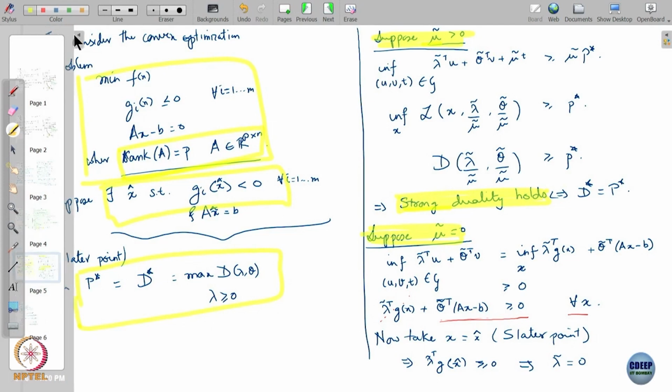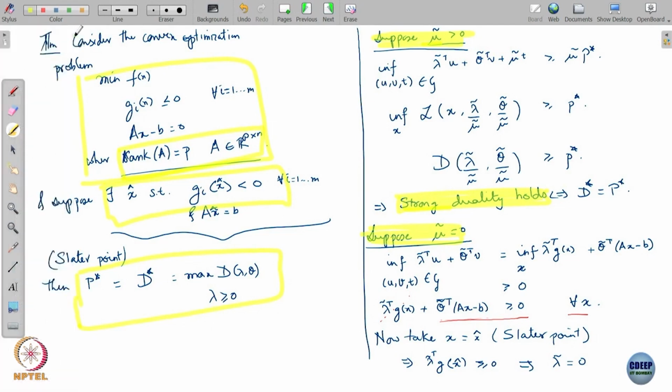So, with this, we have now shown strong duality also for convex optimization. You will recall that the Slater condition, which is the constraint qualification for ensuring strong duality, was also used in the KKT conditions.